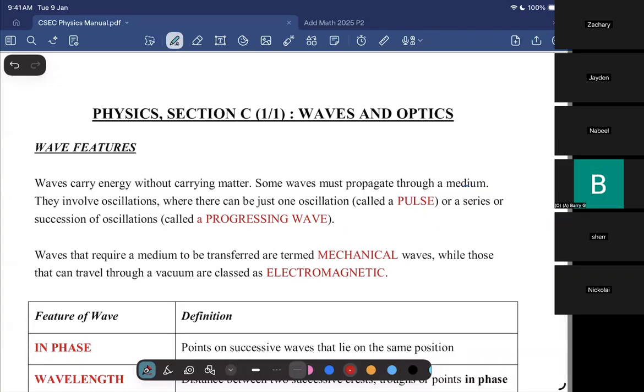Do you know what infrared waves are? That's from the sun. Yeah, infrared is from the sun. That's the heat. Doesn't that carry energy? Yes, sir. Does it carry matter though? Nah. No, it doesn't. It just floats through the air.